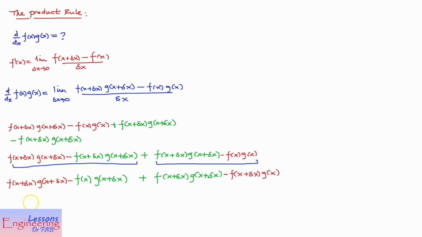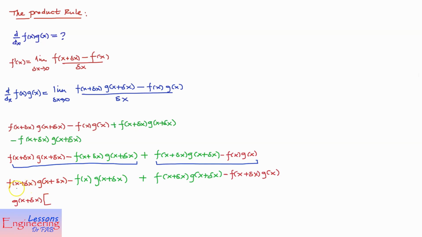Now let us bring common factors out. So from this side I can have g of x plus sigma x as a common factor.